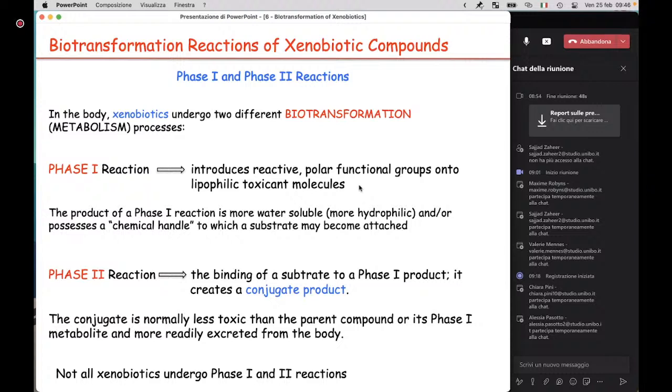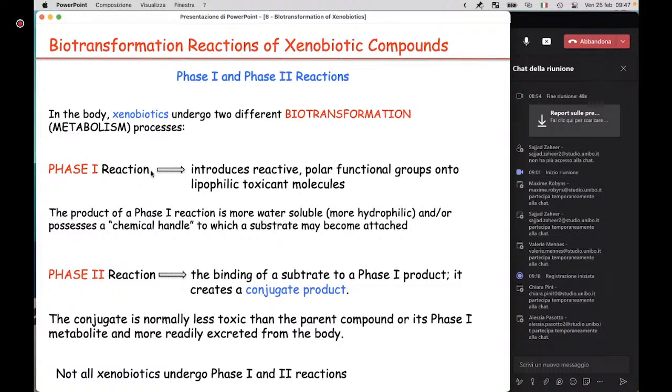And or these groups that we attach to the molecule can be something like a reactive group that the body can use as a handle to carry out phase 2 reactions.